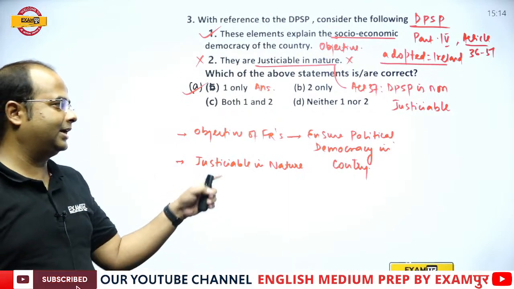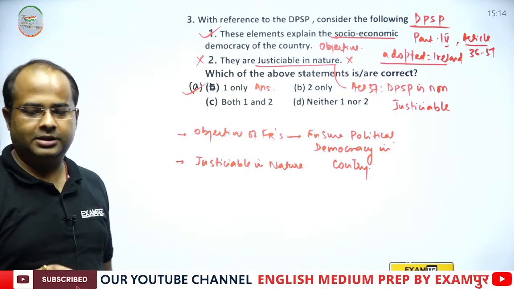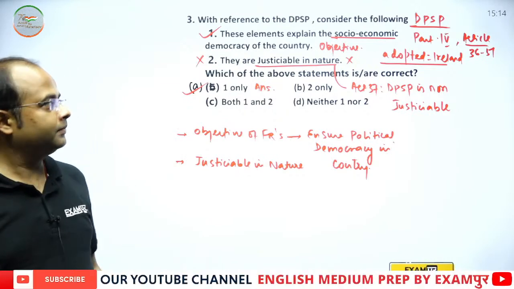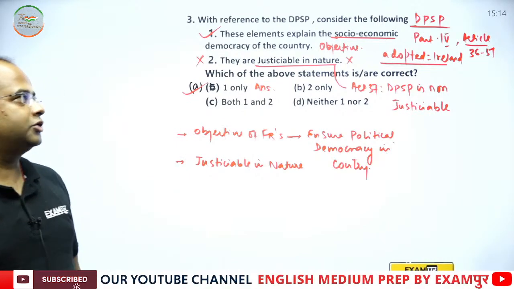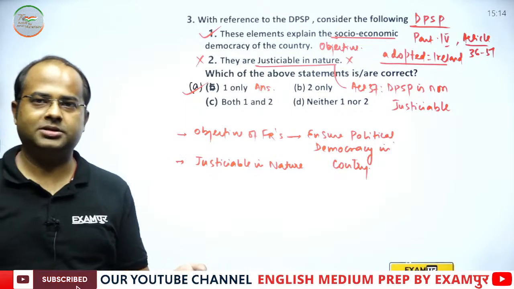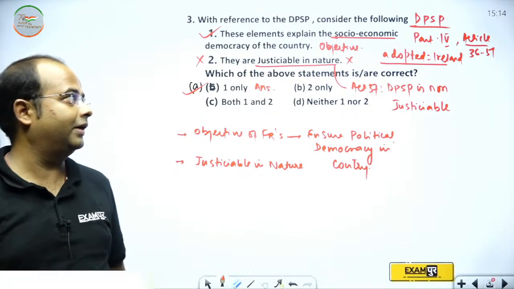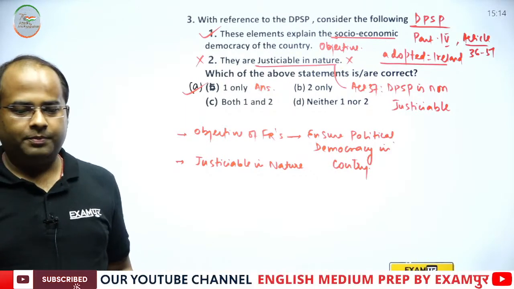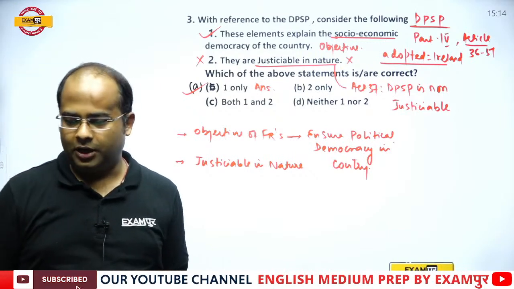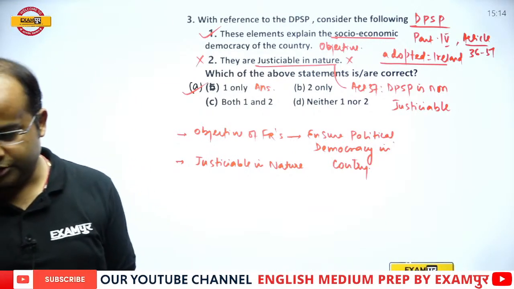Therefore, guys, the correct answer will be option A, that is the first option only. Fundamental rights are in part 3, article 12 to article 35. So I hope it is clear to all of you guys. Now I will be moving to the next question to discuss.